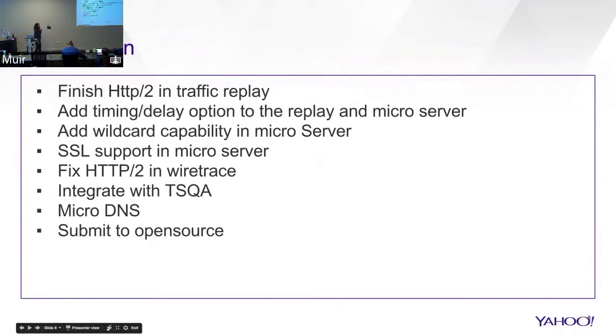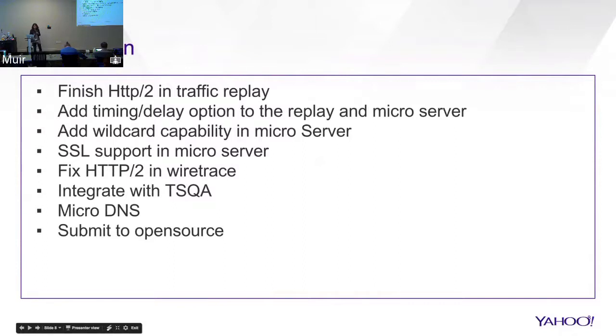And then I want to add wildcard capability in microserver, which will be helpful for testing basically, not much for the replay. Then also I want to have SSL support in the microserver. Currently, there is no SSL support in microserver, so ATS just talks over non-TLS connection with microserver.